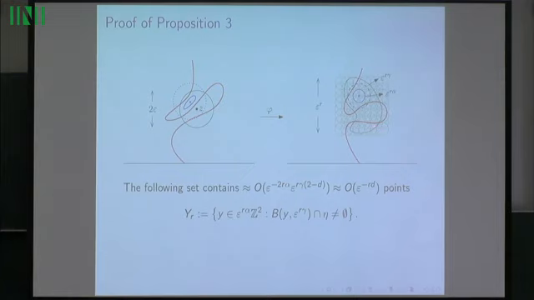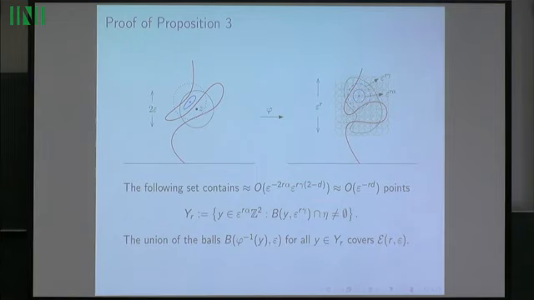The total number of such balls in this set Y_r is just of the order epsilon to the minus rD, because typically alpha, gamma, and z's can be as close to 1 as possible. This is due to the dimension assumption on the curve.